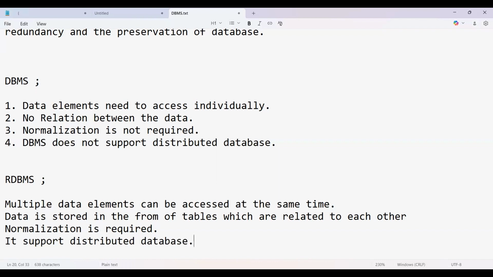So this is about RDBMS and DBMS. I hope everyone understood. If you have any doubts on this, you can comment below the video. If you have questions, comment, and I will reply back to you.